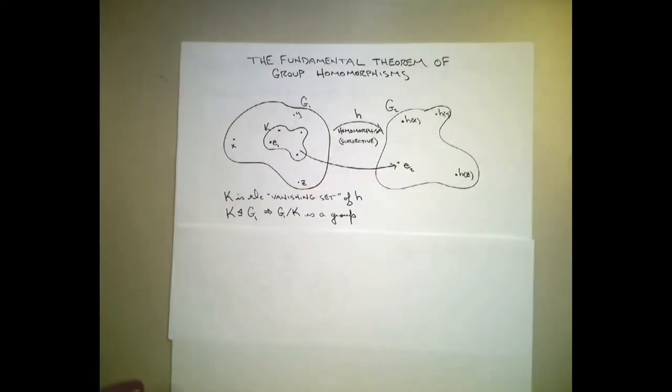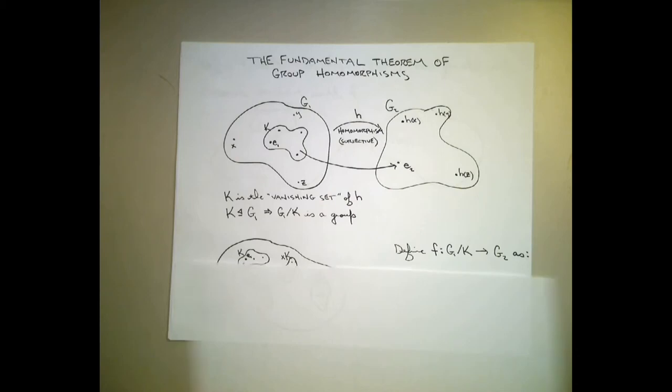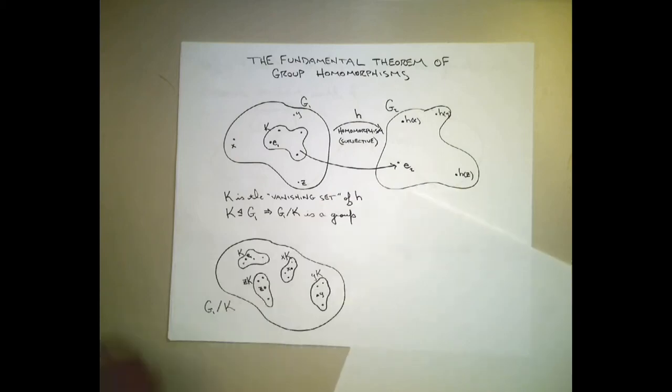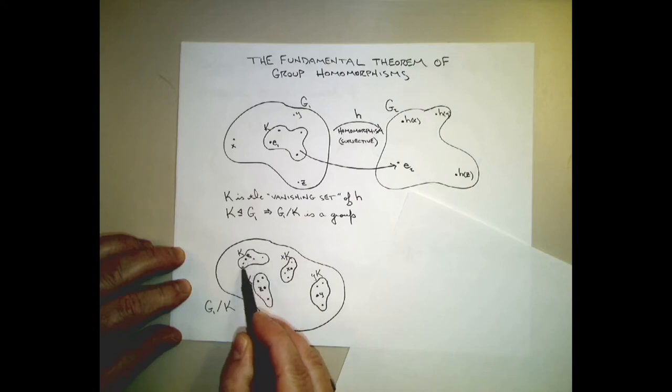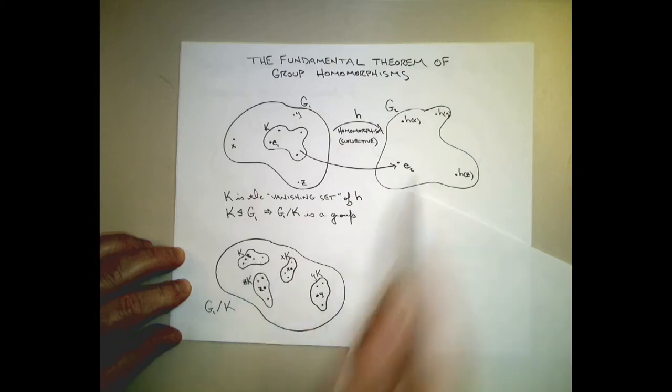Let's go ahead and illustrate the quotient group G1 mod K. That's going to be all of the cosets of K. Here's our K, which has E1 in it and several other elements that get mapped to E2.